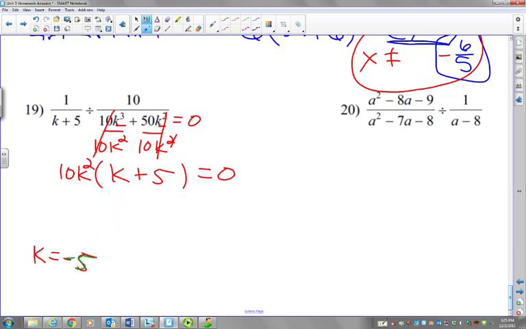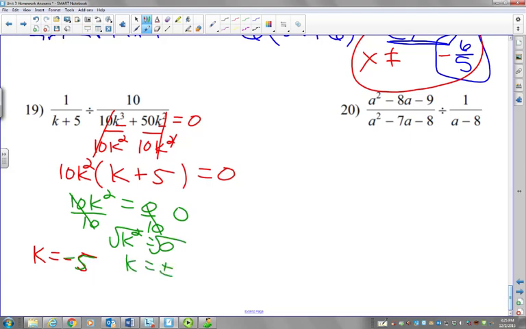And then over here, we have 10k squared. We could set that one equal to 0 individually and see what we get. You have to divide by 10, divide by 10, and that just becomes a 0. So then we have k squared equals 0. If we square root both sides, we get k equals plus or minus the square root of 0, which is just 0.